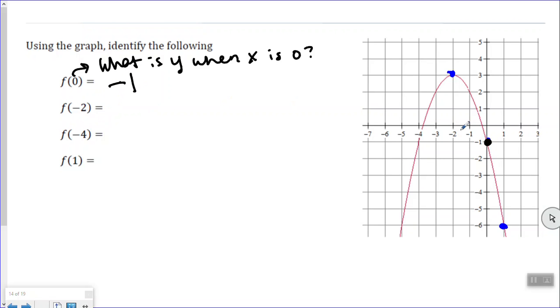What is y when x is negative 2? It is 3. What is y when x is negative 4? Negative 4 is here. What is y? It's negative 1. What is the y value when x is 1? You have to go to the graph. This is the point. y is negative 6.